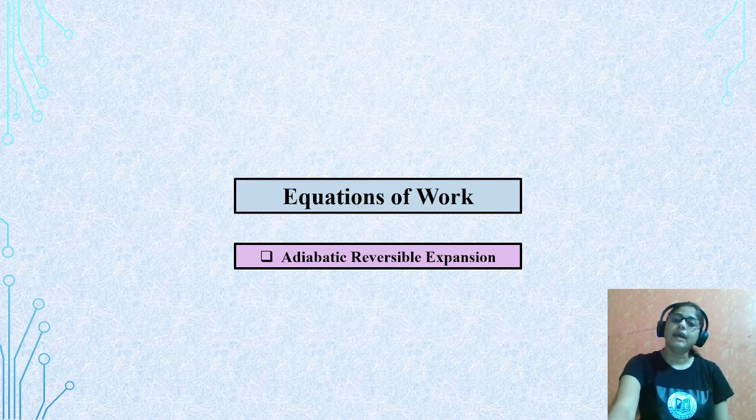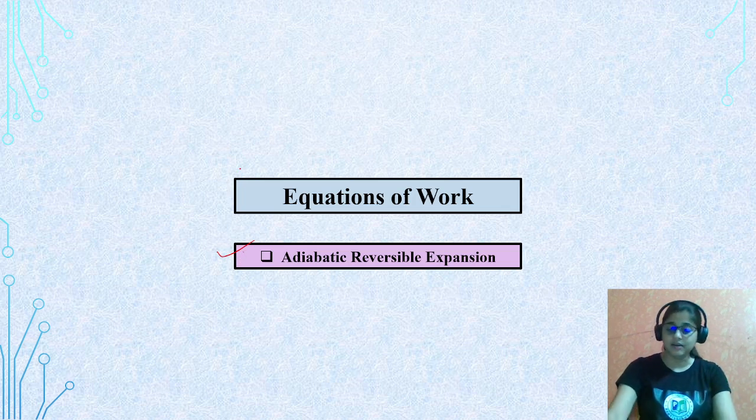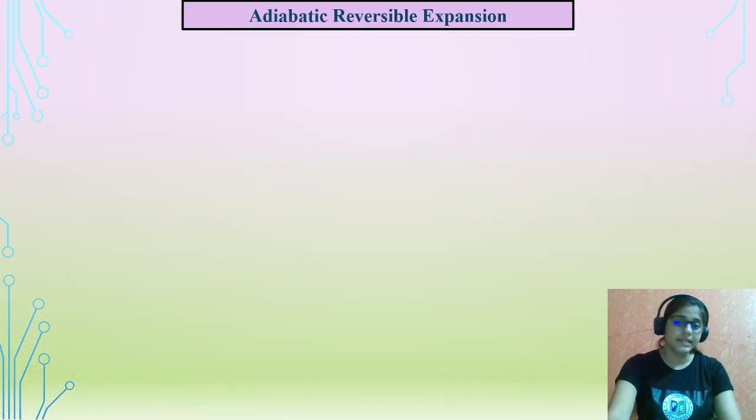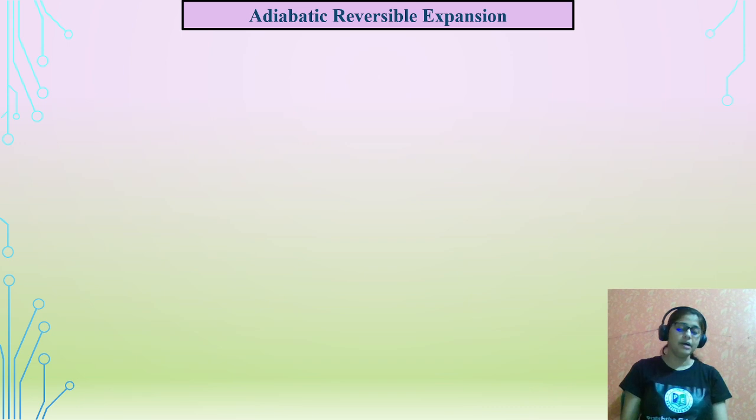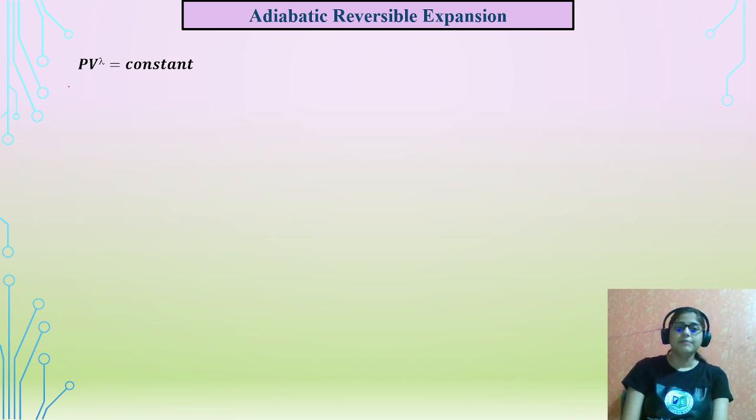Now again I have come to the equation of work. Now the case is adiabatic reversible expansion. Till now we have studied the isothermal. Now the adiabatic case is there. This will be a bit more complicated than the isothermal case because here the equation of gas is different, which is PV to the power gamma equal to constant.